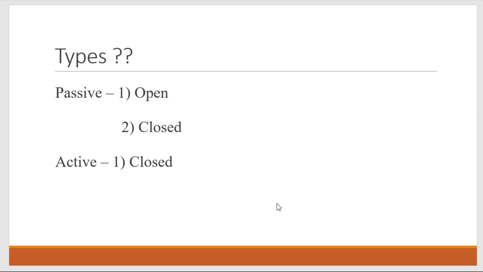Again, in passive drains, we have two groups: the open group and the closed group. Whereas in the active type of drain, we have only the closed group, right? The drain is actively functioning, so it is supposed to be closed. That's why only the closed group is there in the active type of drain.